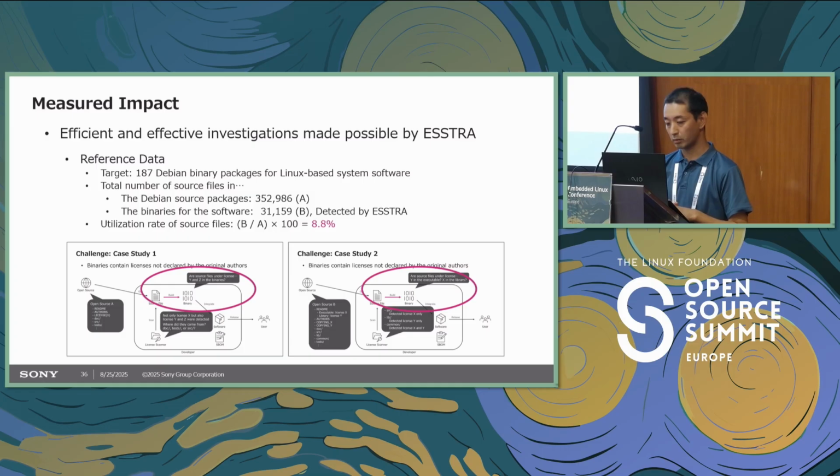The total number of source files in the corresponding source packages was at least 350,000. But only around 30,000 files, just 8.8%, were actually compiled into binaries. This means ESSTRA helps us clearly separate what's included from what's not. As a result, license analysis becomes much more efficient and accurate.